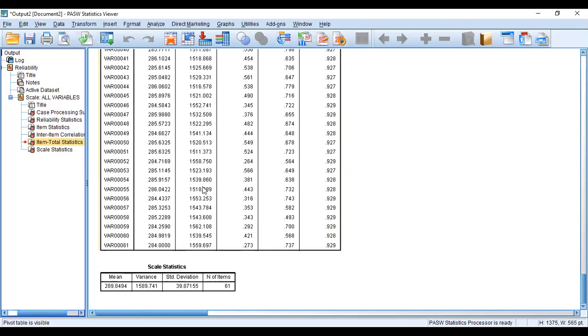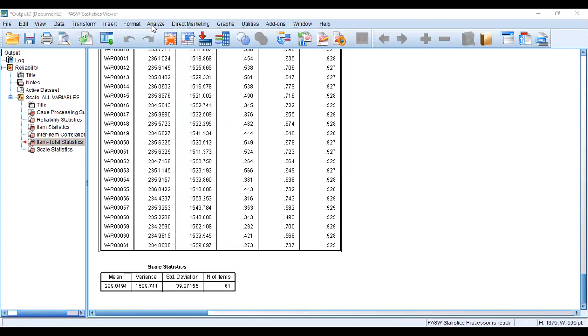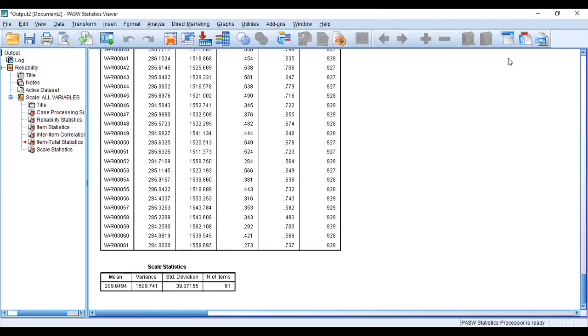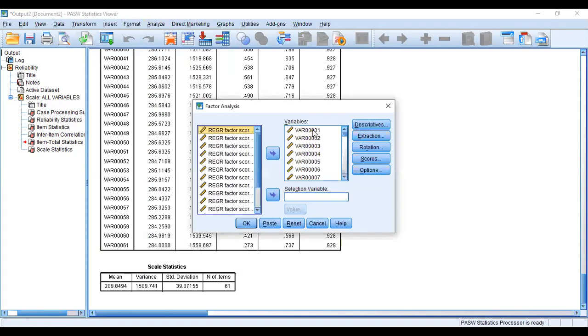Further, we'll apply the factor analysis test and we'll go to Analyze, then Scale. We'll click Dimension Reduction, Factor, and we see all the variables already transferred here.